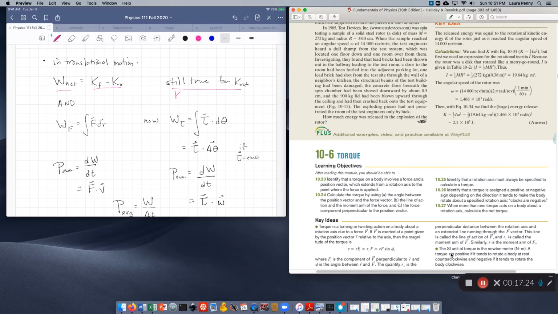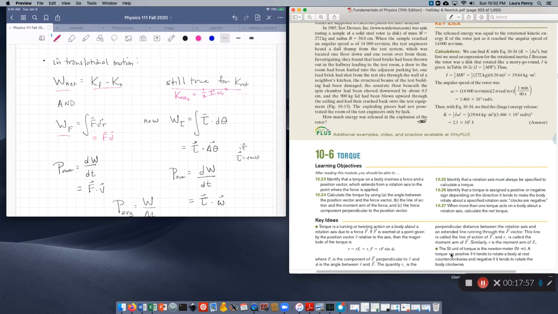So we can have an initial rotational kinetic energy, say 1/2 I omega naught squared, and then we can have a final one. For translational motion, the work done by a force was technically the integral of force with the displacement. When the force was constant, this just became F dotted with d.